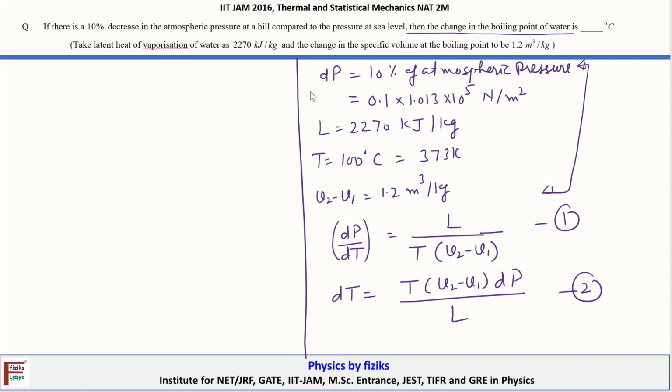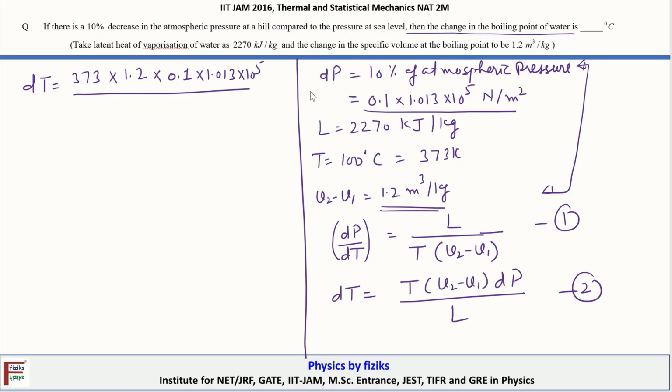Substituting the values, the corresponding change in temperature dT is the temperature, which is 373, multiplied by V2 minus V1, the change in specific volume during the phase transition, which is 1.2, and then multiplied by dP. dP I have written here: 0.1 into 1.013 into 10 power 5, and then divided by L, the latent heat, which is 2270 kilojoule per kg, so we write it in joules, into 10 power 3.